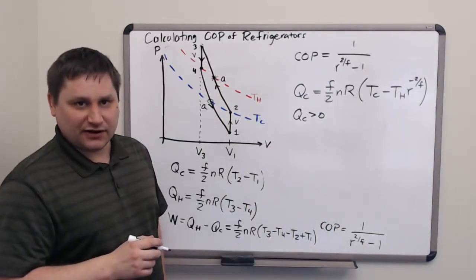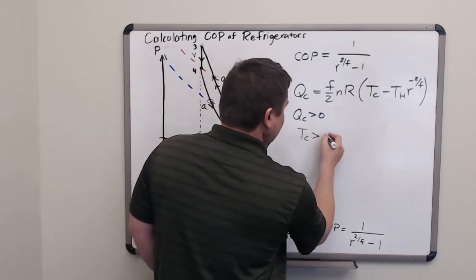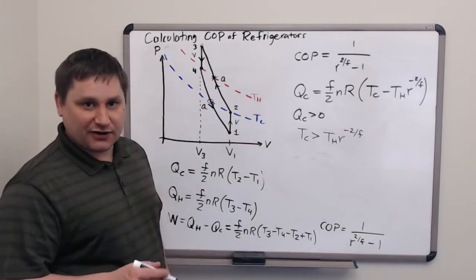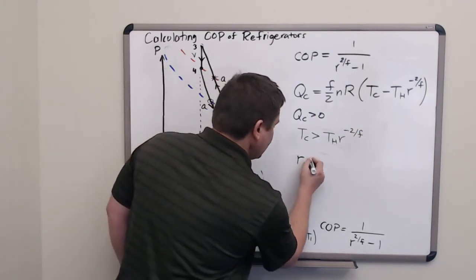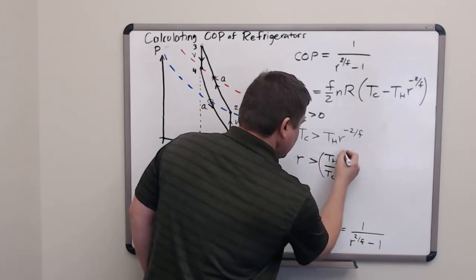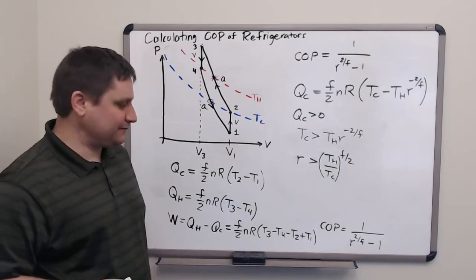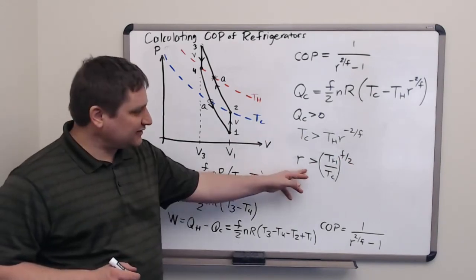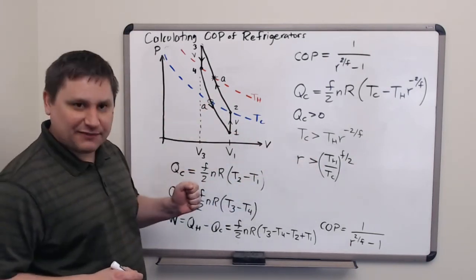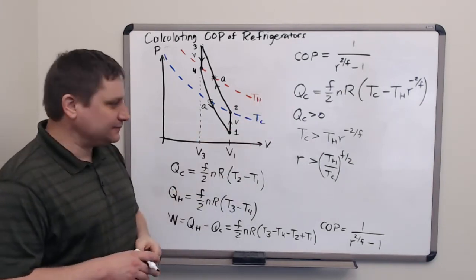And that means that the compression ratio must satisfy this inequality. Or in terms of the compression ratio itself, it must be greater than the temperature ratio to the power F over 2. Any compression ratio smaller than this value for this cycle consisting of adiabatic and isochoric steps would produce a QC value that's negative. It wouldn't act as a refrigerator at all.